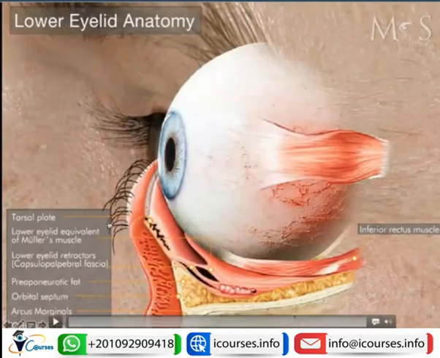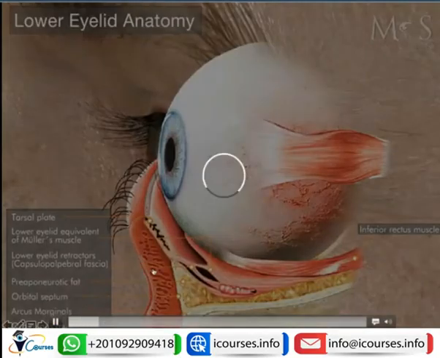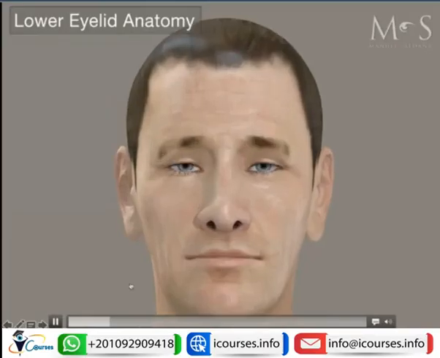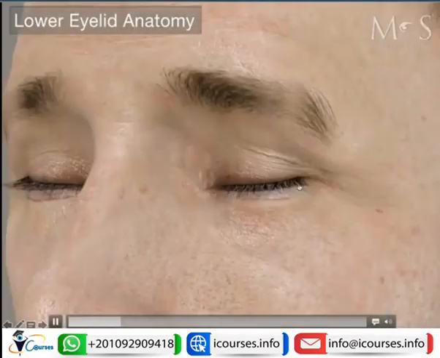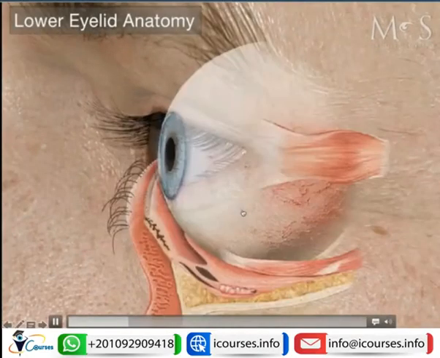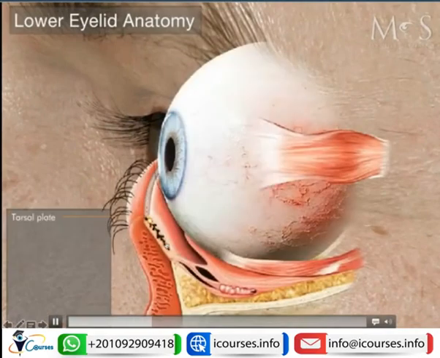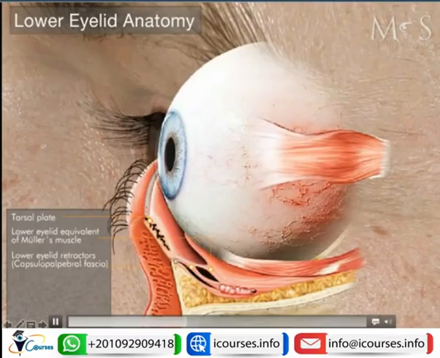The anatomy of the upper eyelid is different from the lower eyelid because we don't have a levator in the lower eyelid. So again it is the same skin and muscle, followed by the tarsus. The tarsal plate is attached to the inferior tarsal muscle, which is attached to the lower border, and the capsulopalpebral fascia, both of which act as lower lid retractors.